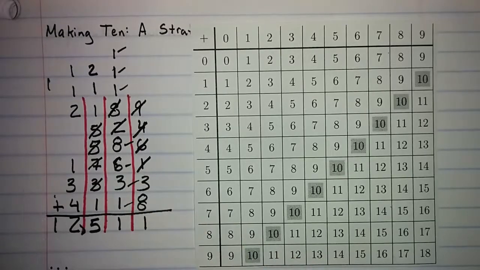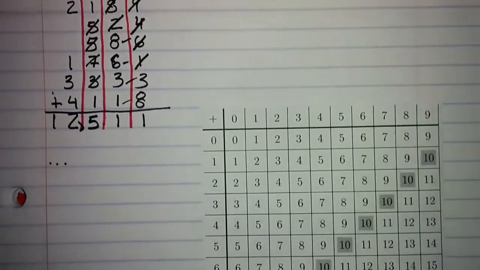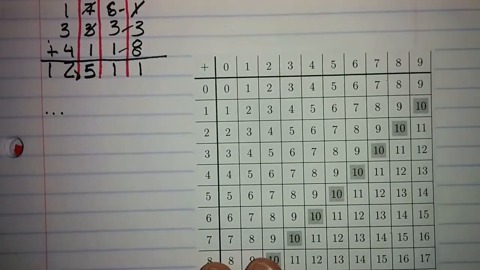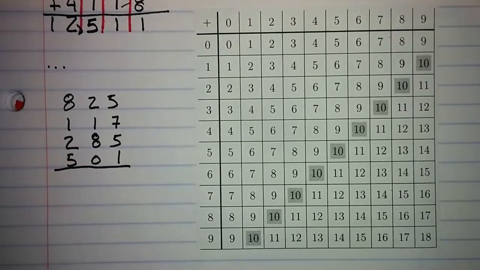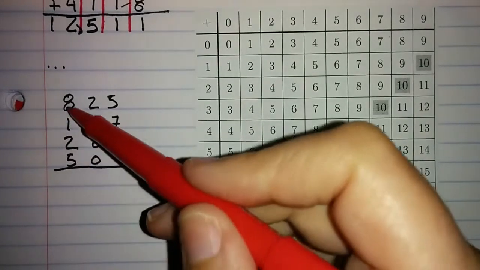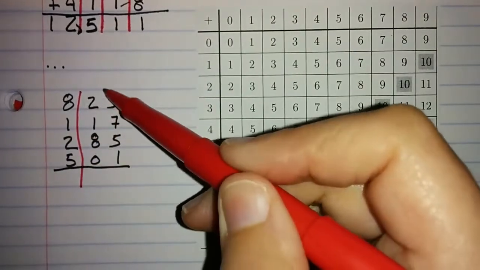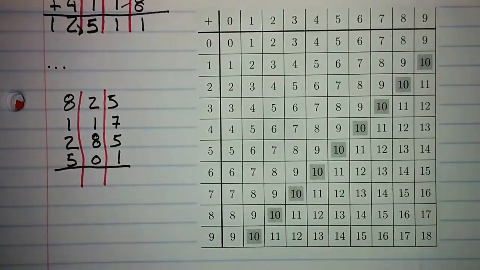This is kind of an accountant's shortcut that some people find makes this really easy, and some people find it confusing. So you don't have to do this all the time, but I would like you to try it for one example. Pause the video and try this now, making 10 wherever you can in order to make the addition a little bit easier.